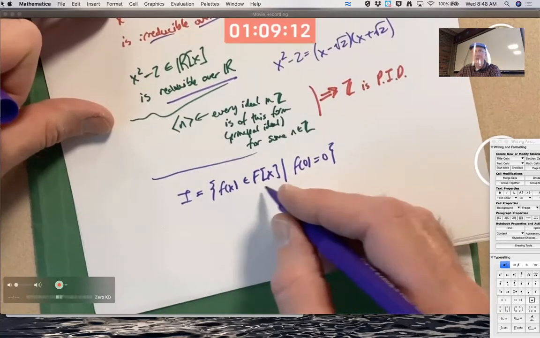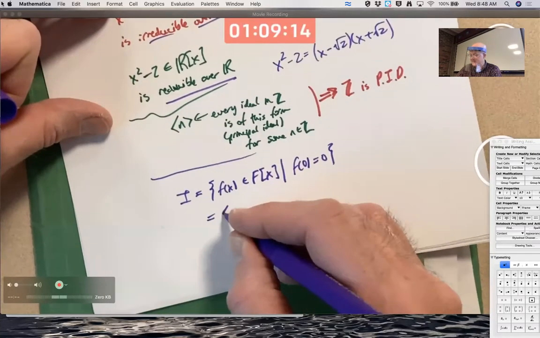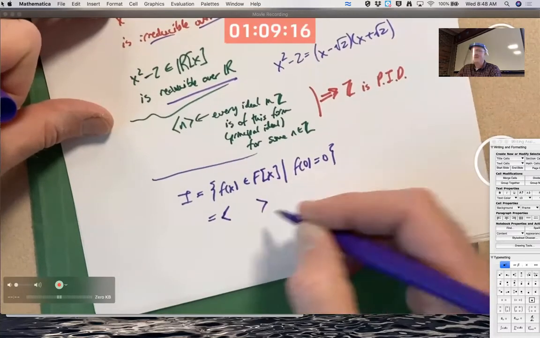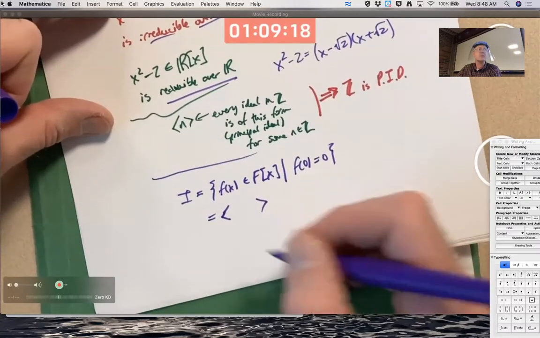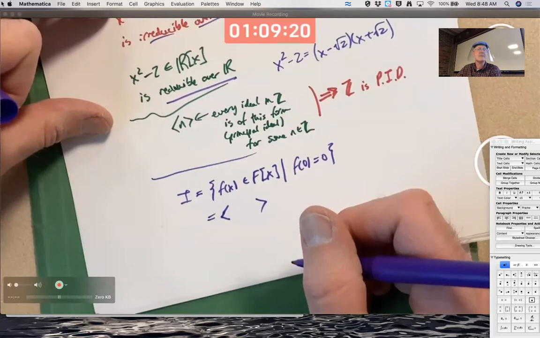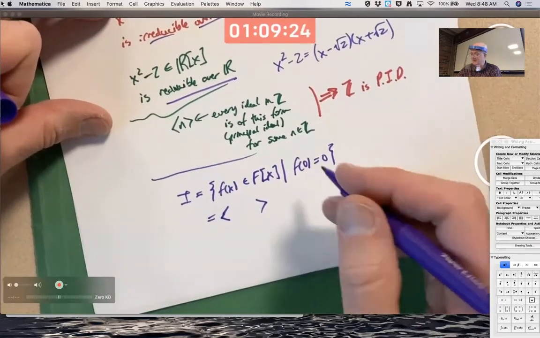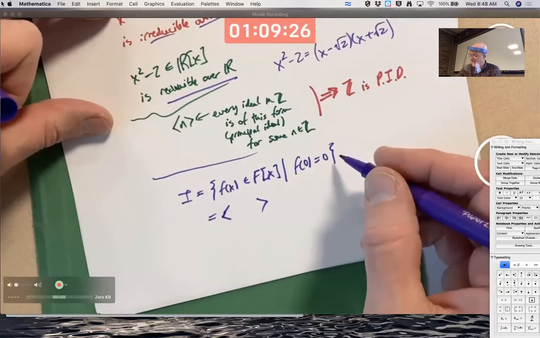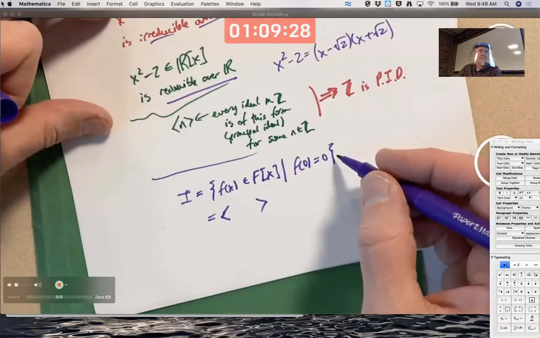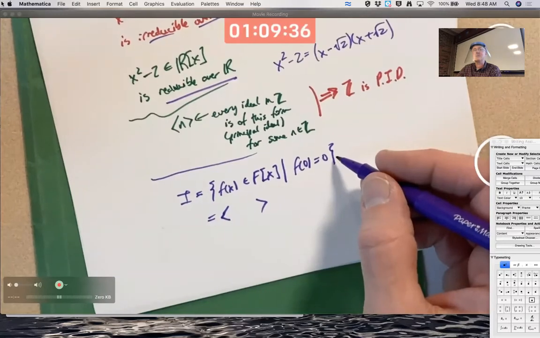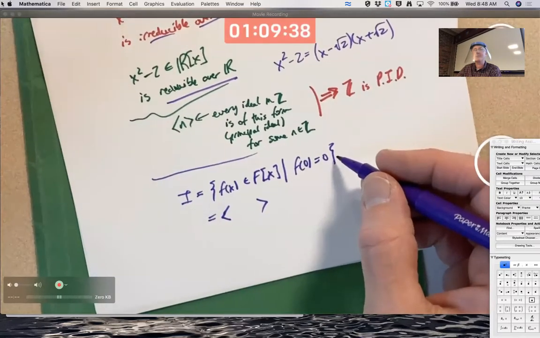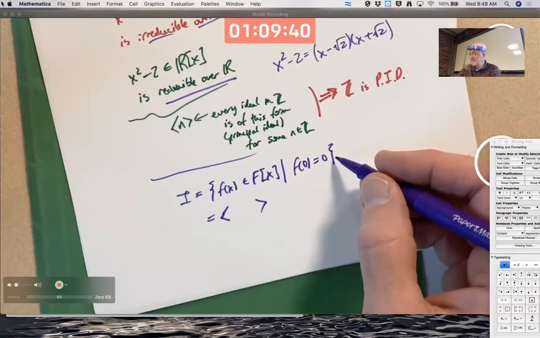Since this is a principal ideal domain, I should be able to write this, with this notation, for some generator. And the theorem is saying it's got to be a minimum degree in here. This can't contain any constant polynomials except 0. And I guess that's part of the reason, at least, we're defining the zero polynomial to have an undefined degree.